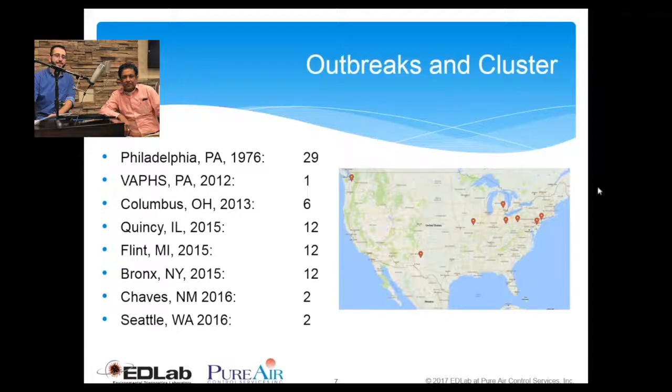Since then, in recent years, as you can see in this slide, I have listed Pennsylvania, Ohio, Illinois, very recently 2015 Flint, Michigan, Bronx, New York, Chaves, New Mexico, Seattle, Washington.